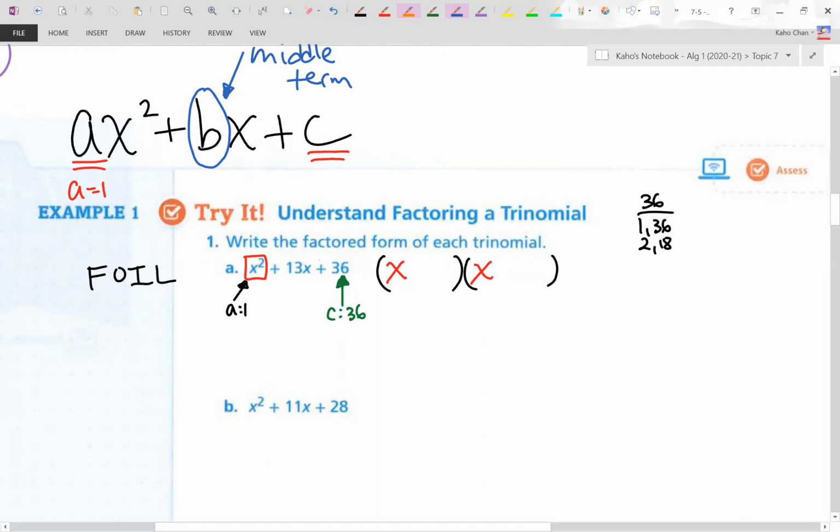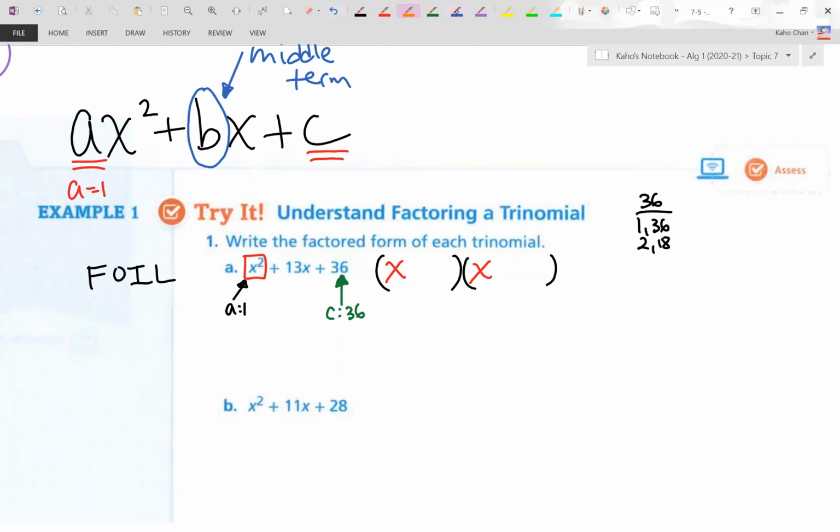Y'all see that? This is your b value. The factors of 36 when added together need to be 13. So far I'm looking at my first pair here. 1 plus 36 is 37. 2 plus 18 is 20.